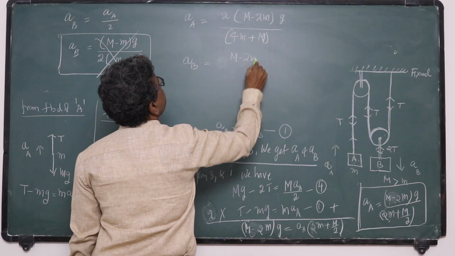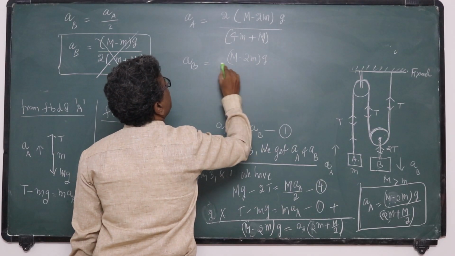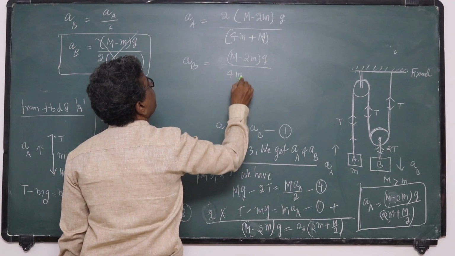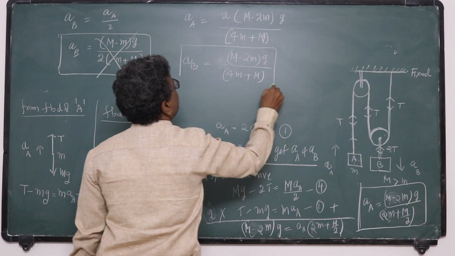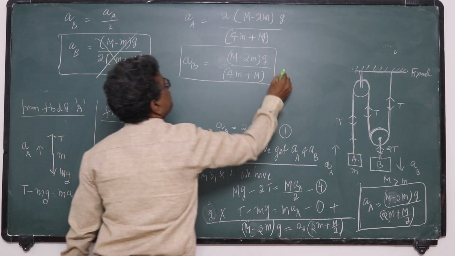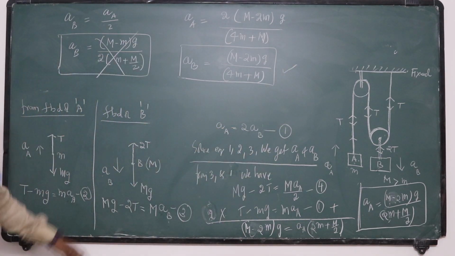So capital M minus 2m of g by 4m plus capital M. So this is the acceleration of B. This is the right answer. Okay, you take this.